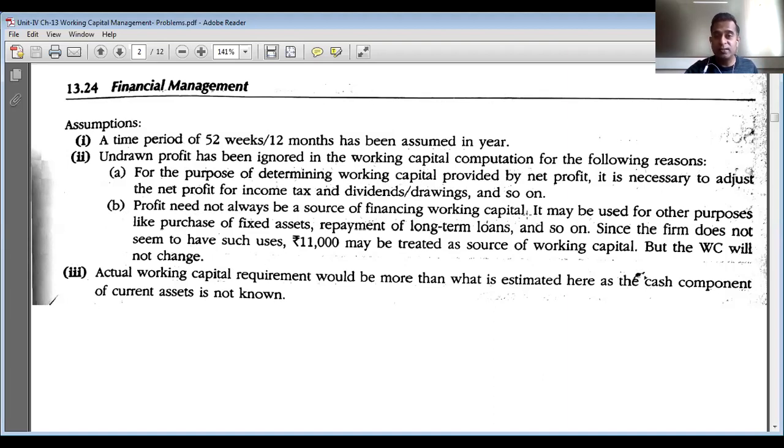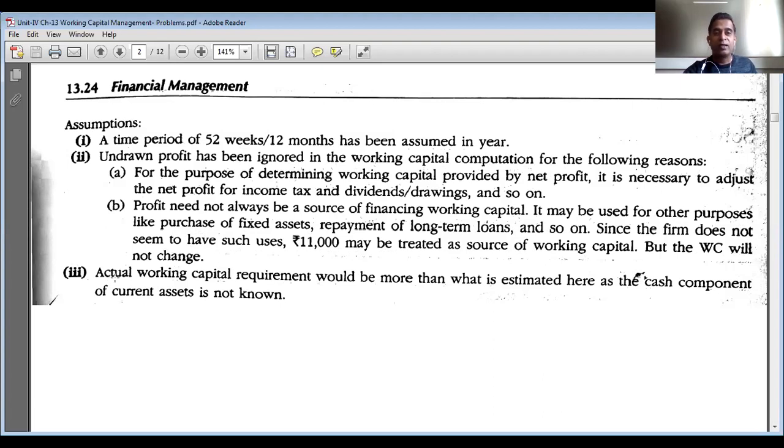We have considered this, if you can recall, in the factors influencing working capital requirement. It may be used for other purposes like purchase of fixed assets, repayment of long-term loans, and so on. Since the firm does not seem to have such uses, 11,000 rupees may be treated as a source of working capital, but working capital will not change. Hence, we are not going to consider undrawn profit in the computation of working capital.